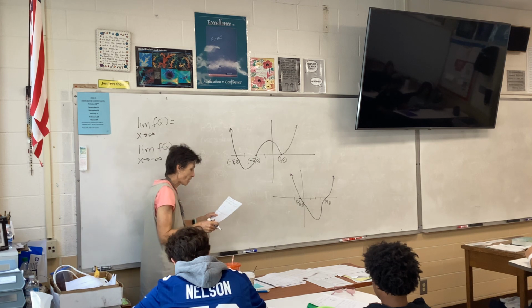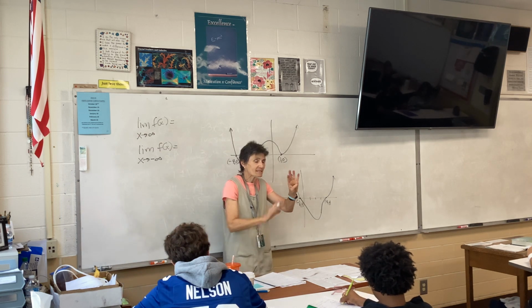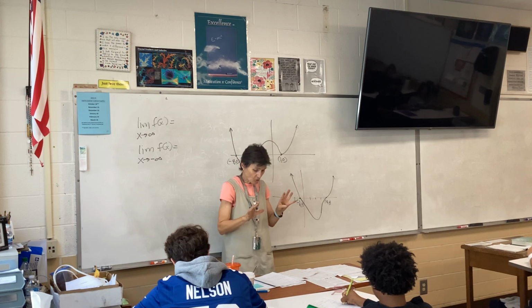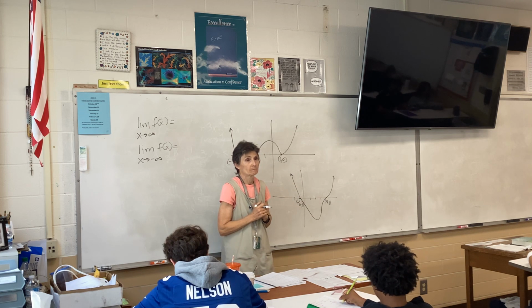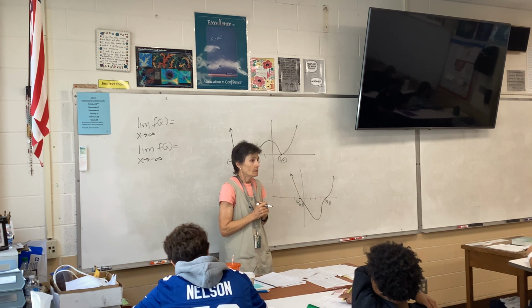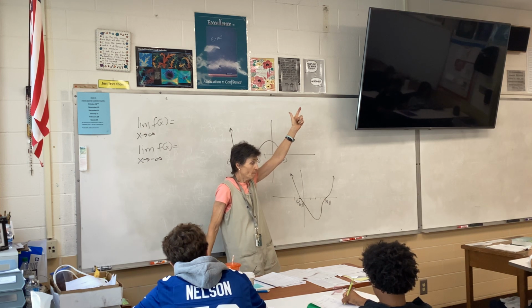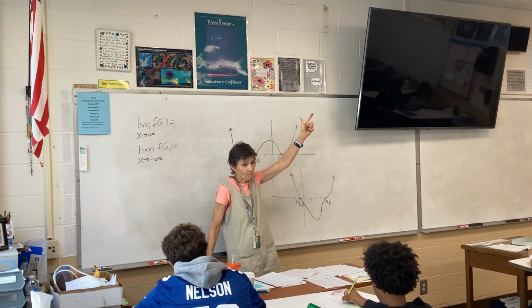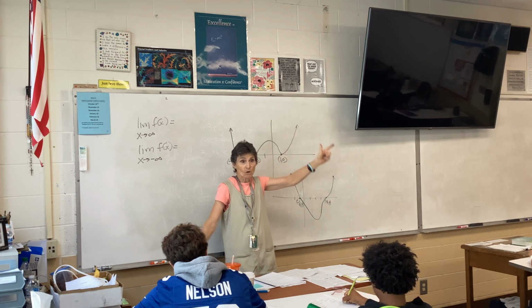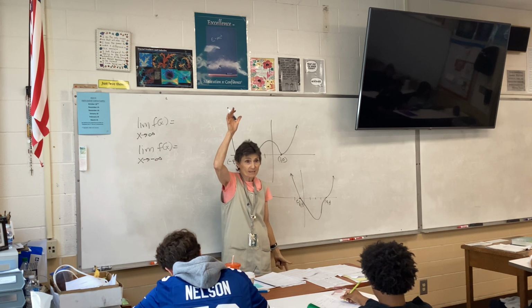Now, before you start freaking out, this is easy. What is the degree of this polynomial? 3. Odd degree, starts down, ends up. But this one has a negative in front of it, so it starts up and ends down.